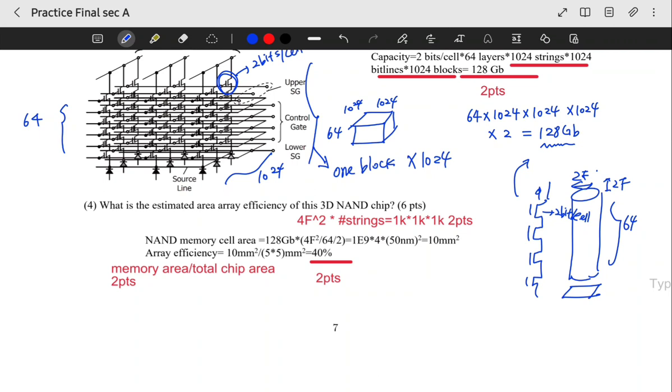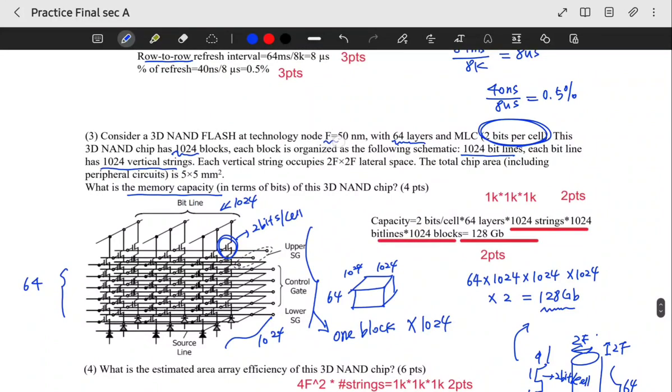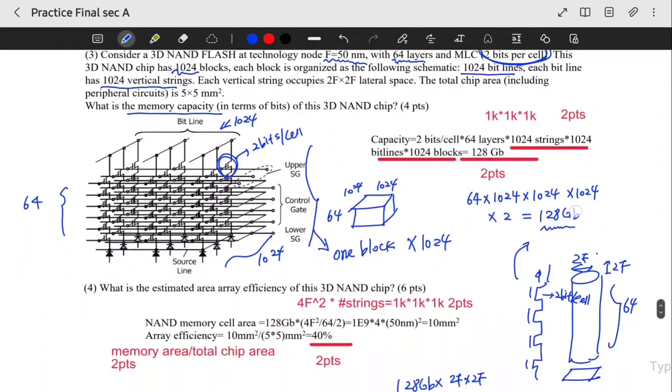To do so, we can do 128 gigabit times 2F times 2F, and divide by 64 layers and the bits per cell. And here the F is 50 nano.